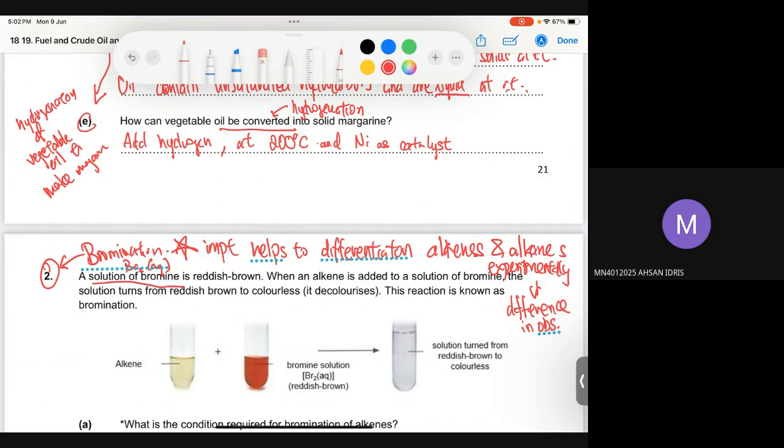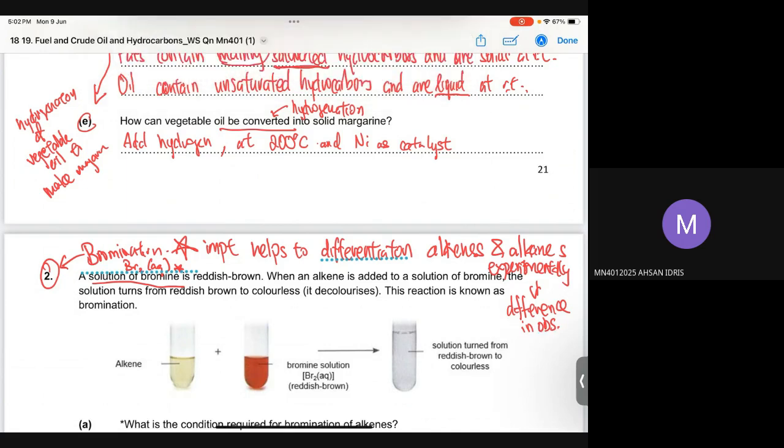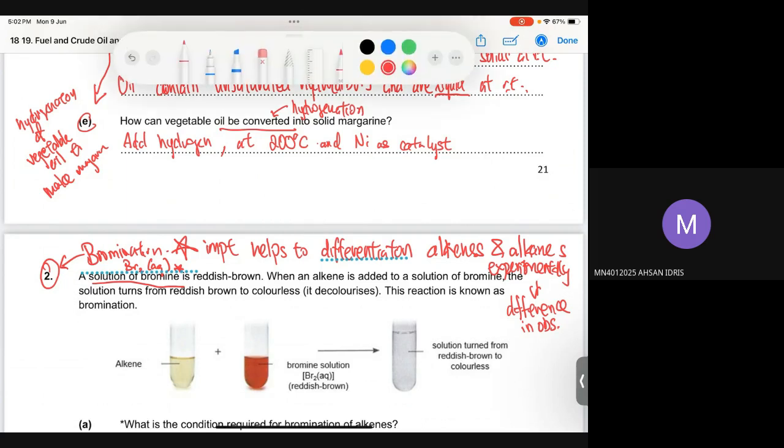So I need you to put a star here, take note of this. Whenever we say bromination of alkenes, it's actually adding Br2 aqueous. Sometimes they might say bromine solution. Sometimes they might say bromine water. Bromine water sounds weird, but sometimes you will have it as bromine water. Now, the solution of bromine is reddish brown.